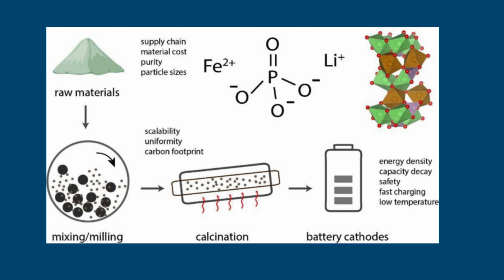The resulting nanoparticles exhibit reduced size, 150 to 350 nanometers, compared to 300 to 500 nanometers for conventional methods, leading to shorter lithium-ion diffusion paths and improved electrochemical performance. Carbon coating further enhances electrical conductivity, addressing the intrinsically low electronic conductivity of lithium iron phosphate.